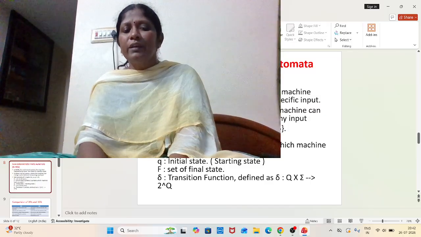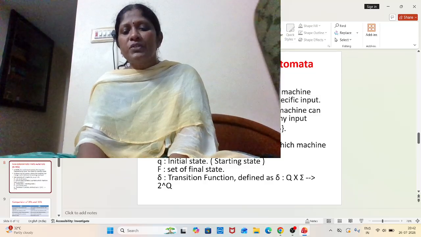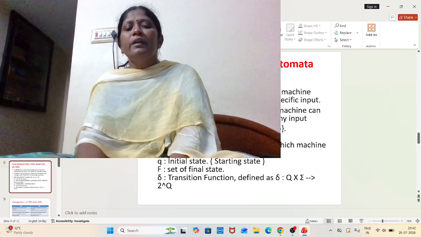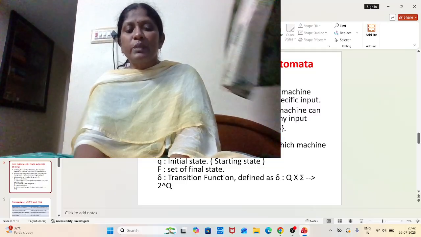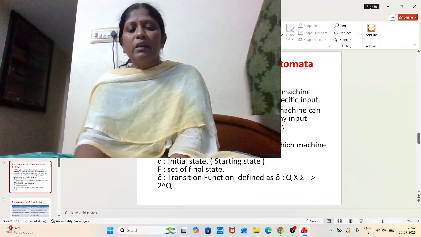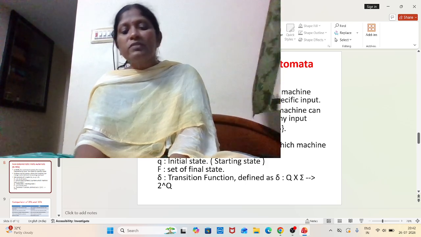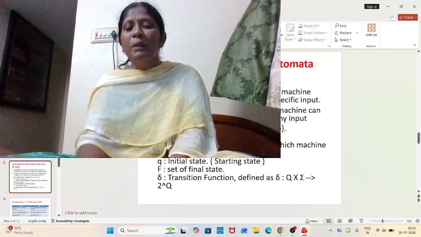That is, NFA equals (Q, Σ, δ, q0, F). Here Q represents the set of states, Σ represents the set of input symbols, q0 the initial state, F the final states. The transition function δ is defined as Q × Σ → 2^Q. Here 2^Q represents multiple states.